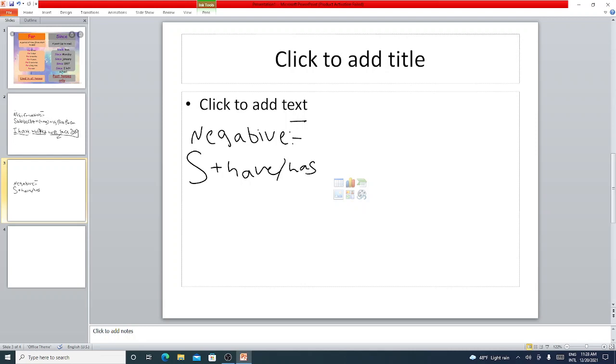And what do we use to negate a sentence in general? In English, yes, we use not in each tense to negate sentences. So, not. After that, verb 3 or past participle, they are the same, the complement of the sentence.